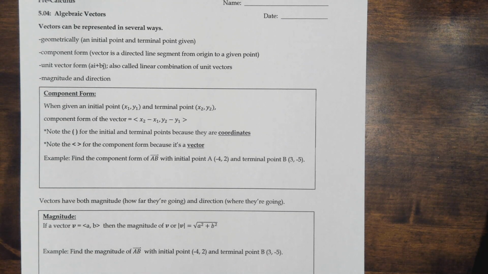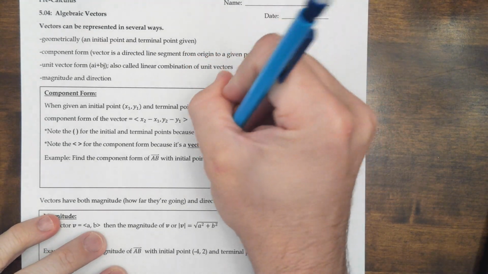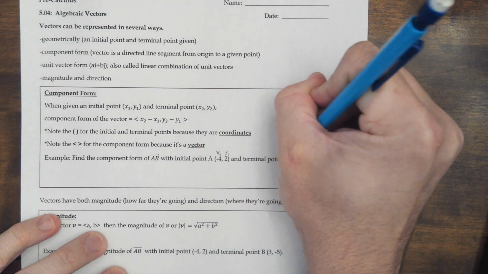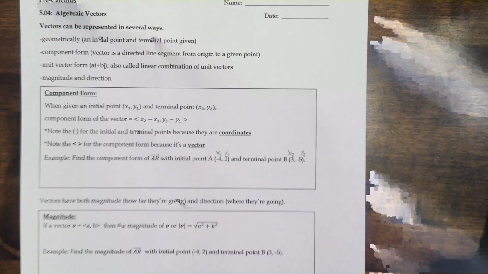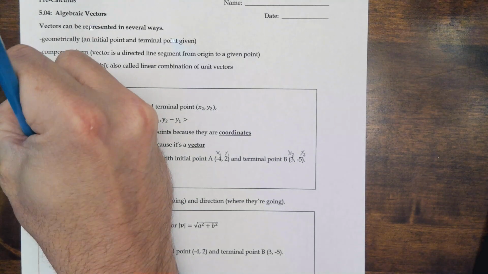So let's use this example to find the component form given the initial point and the terminal point. What I like to do here is label this: x1, y1, x2, y2. Then all I'm going to do is plug it into my formula.